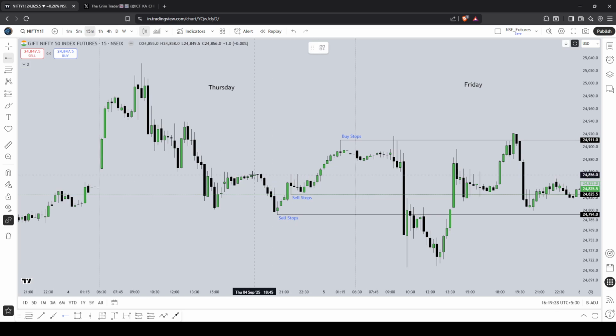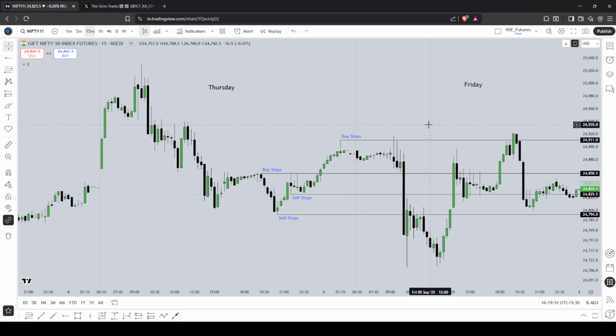Somewhere here after 5:30 India time, this formed the AM session high because this is after 9:30 p.m. So somewhere here itself is the AM session high of New York range. You need to keep this in mind.